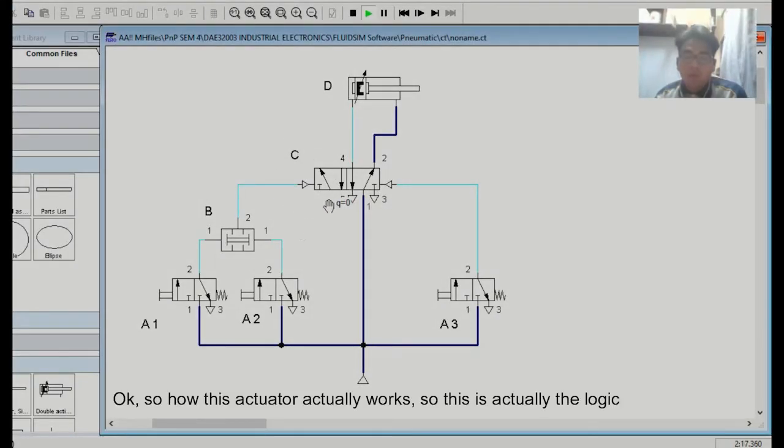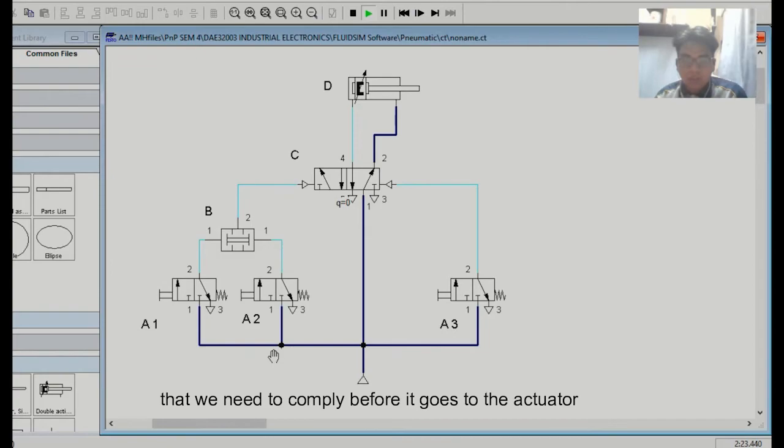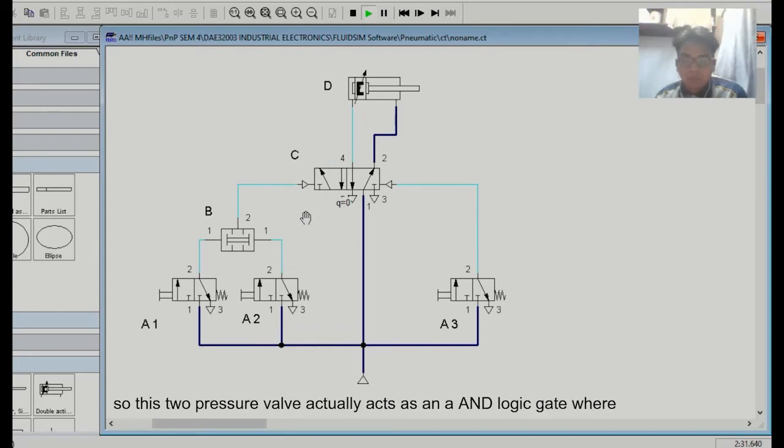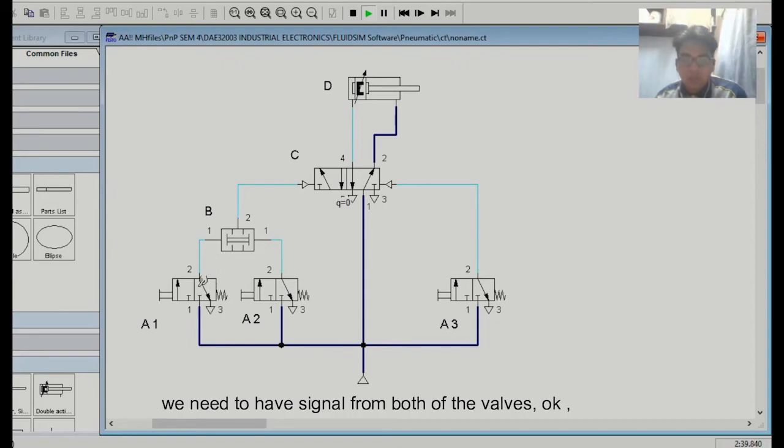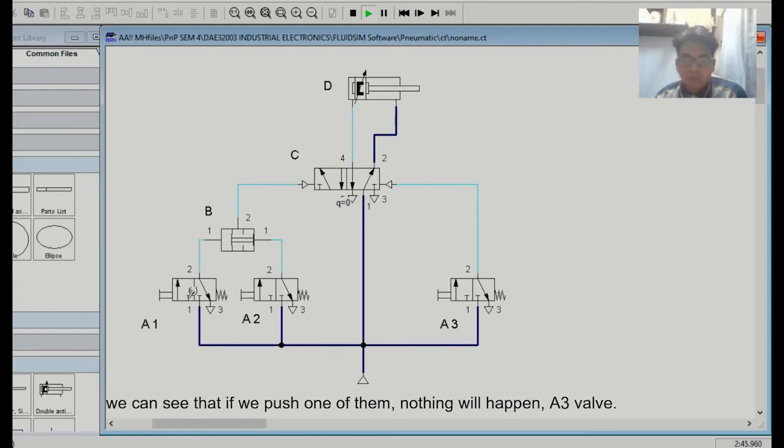So how does this actuator actually work? This is the logic function that we need to comply with before it goes to the actuator. The 2 pressure valve acts as an AND logic gate, where we need to have a signal from both valves.